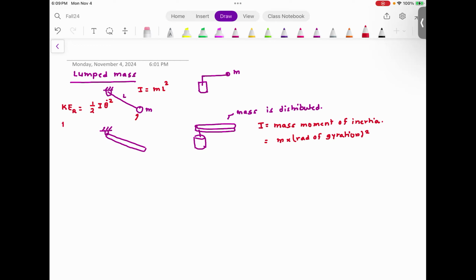Then I would find out the potential energy. The potential energy is measured from the datum. If this angle is theta, this is going to be mgl cosine of theta. Since this is the datum, the mass is below the datum, this potential energy is mgl cosine theta. So no, mgl sine theta, my apologies.